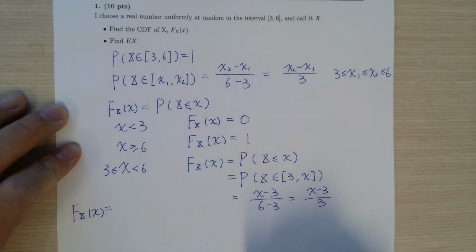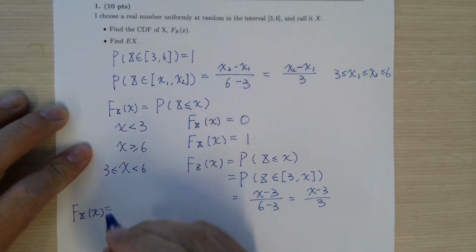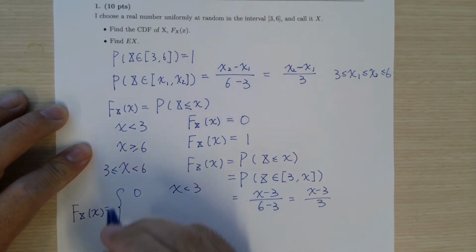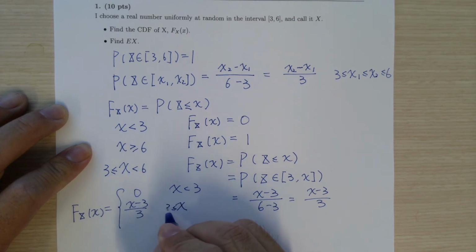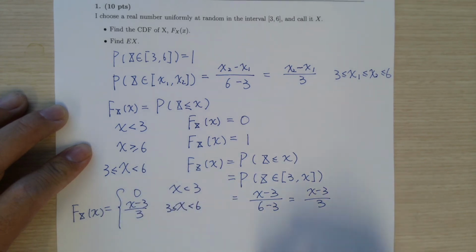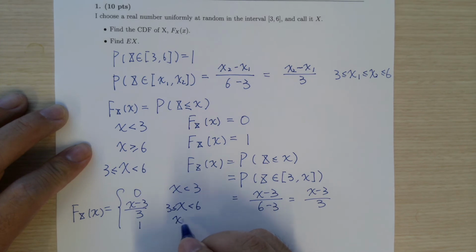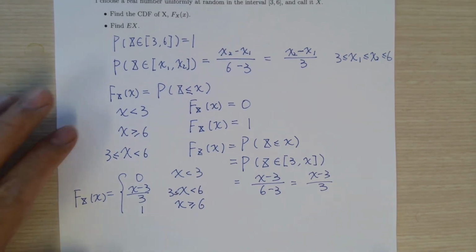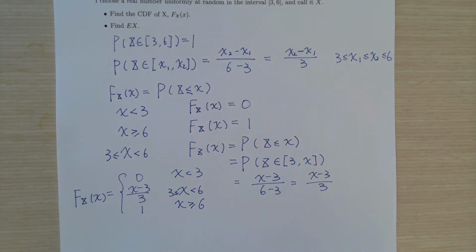It's going to be 0 when x is less than 3, (x minus 3) over 3 when x is greater or equal than 3 and less than 6, and 1 when x is greater or equal than 6. Okay, so that is the corresponding CDF.